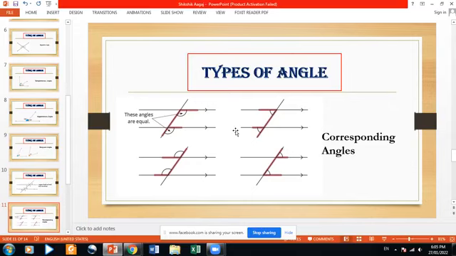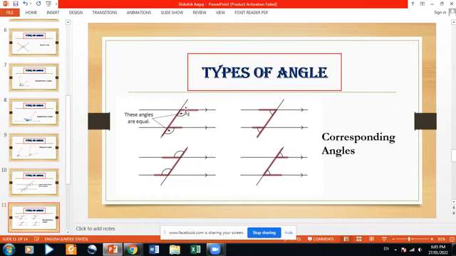These are corresponding angles. When 2 parallel lines and one line is a transversal, see here these are parallel lines and you can see these red markings.